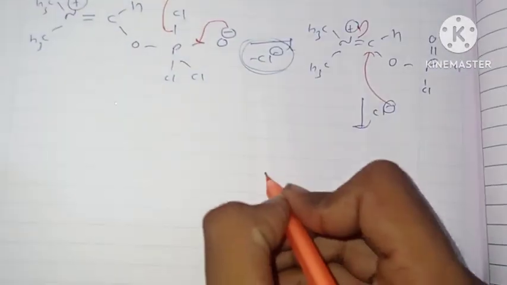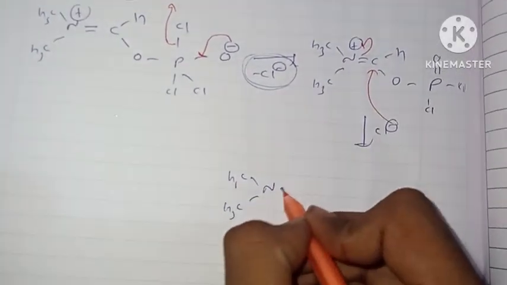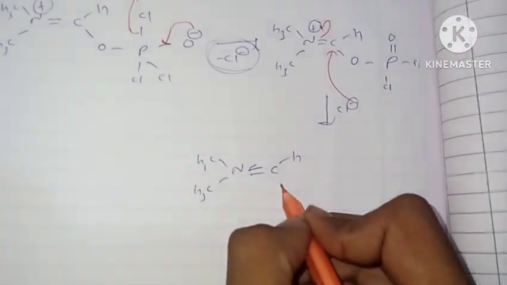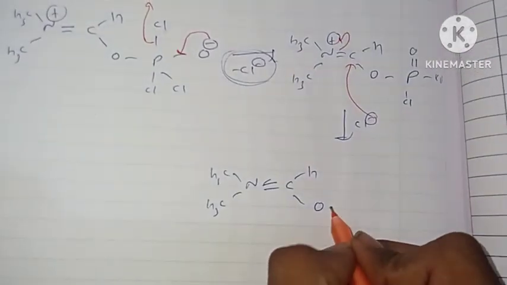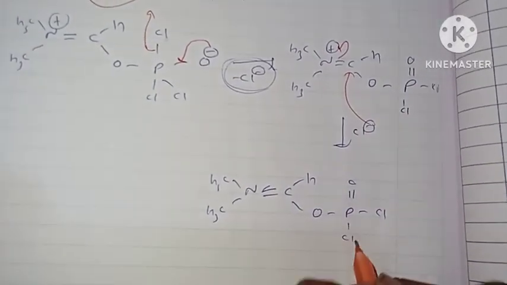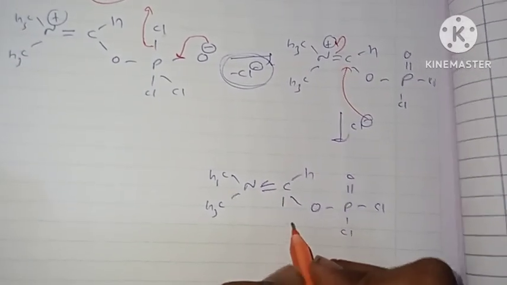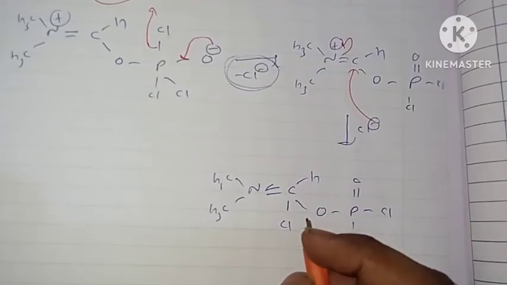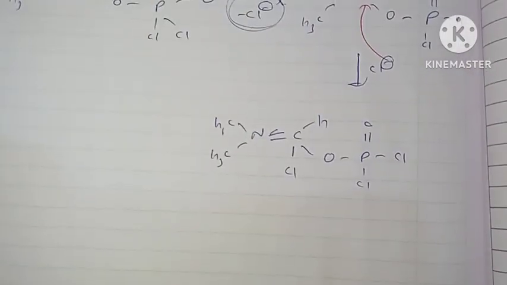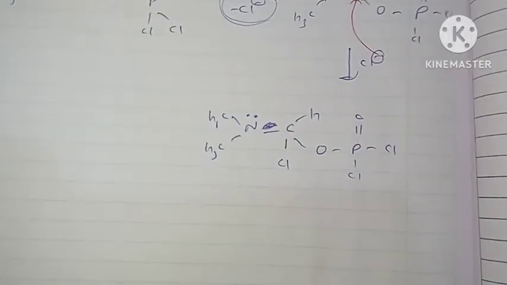Now draw the structure: nitrogen attached with two methyl groups, attached with a double bond carbon having hydrogen, here oxygen, phosphorus double bond O, Cl, and now there is attachment of the Cl group. Sorry, there is only a single bond and nitrogen regains its lone pair.